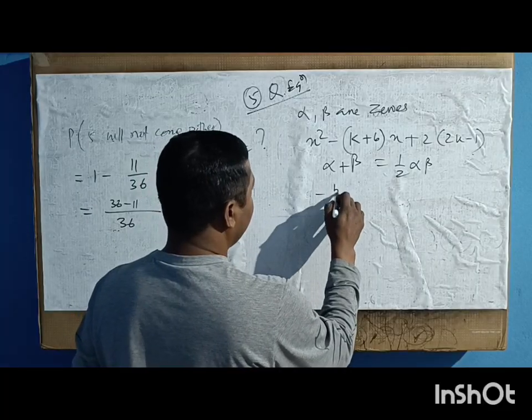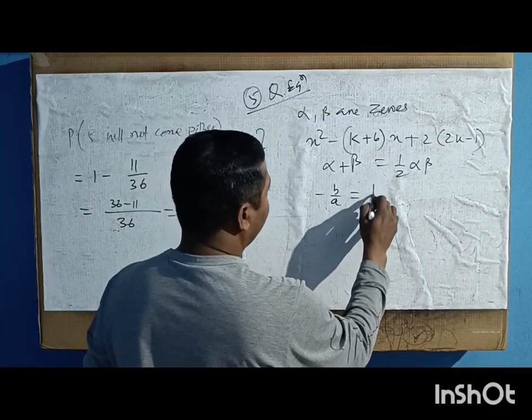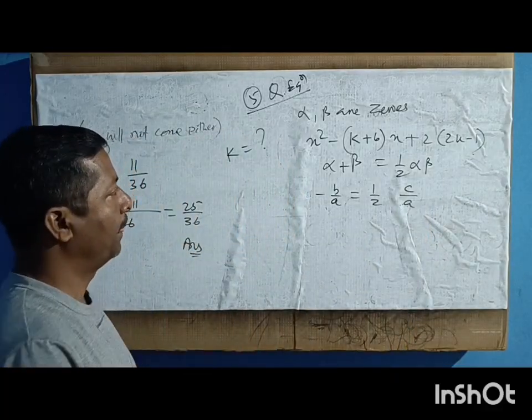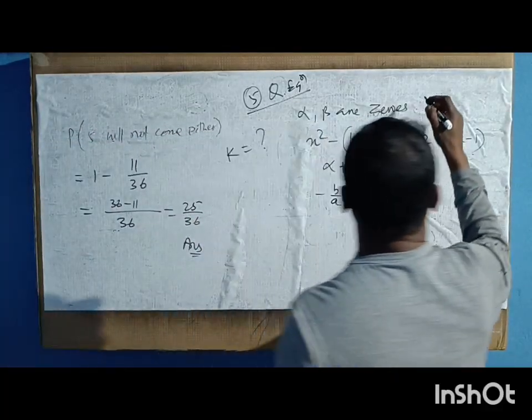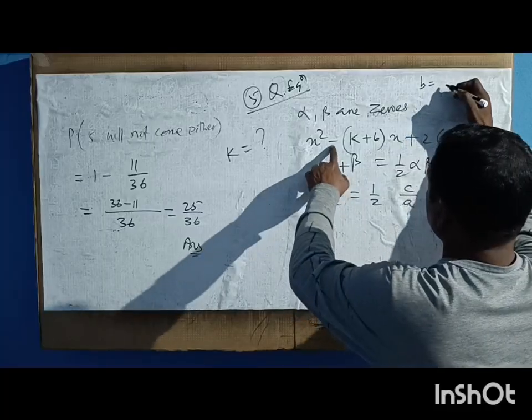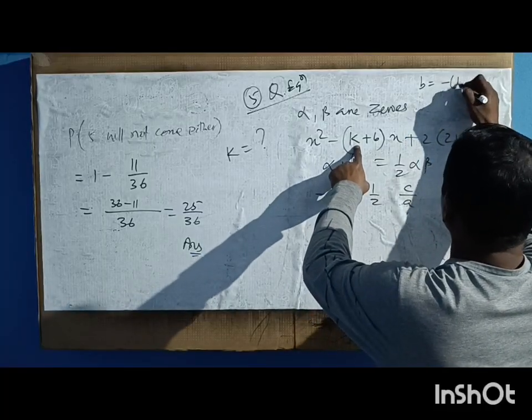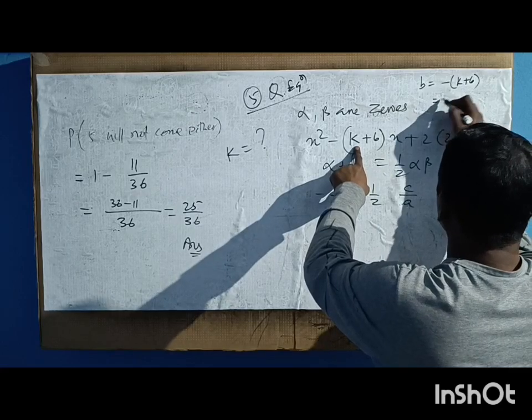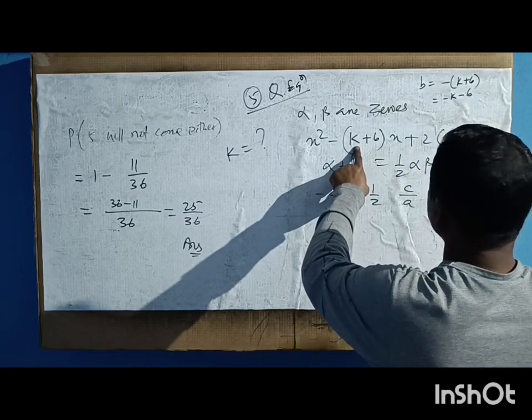So what is alpha plus beta? Minus b by a. Alpha into beta equals c by a. What is b here? B equals minus (k plus 6), equal to minus k minus 6.